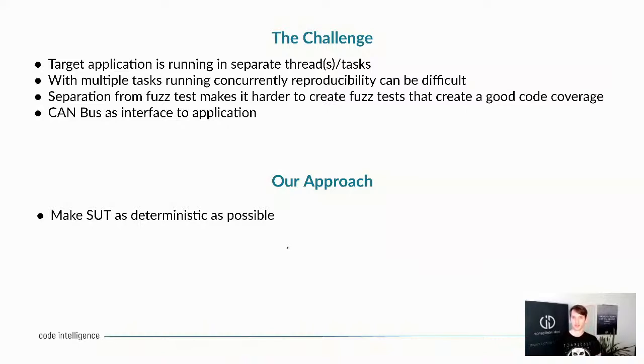So it's not like you should lose all concurrency, or you should lose all the behavior of handling different tasks at kind of the same time. But this is just so that you make sure that when you have one input that is processed by the application, it will always behave in the same way.